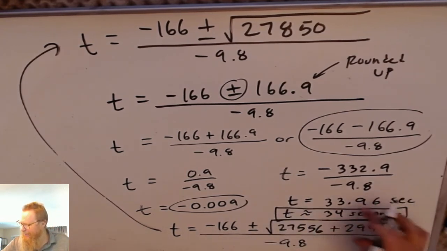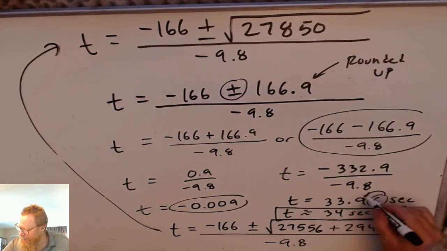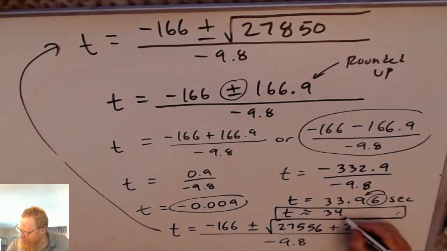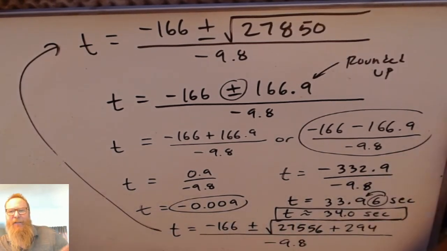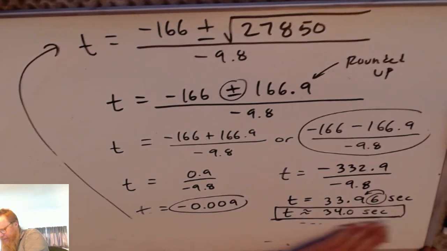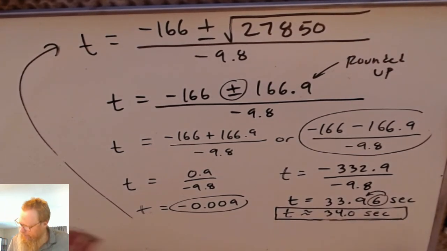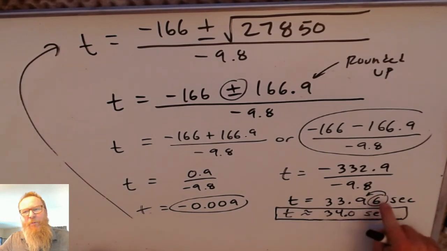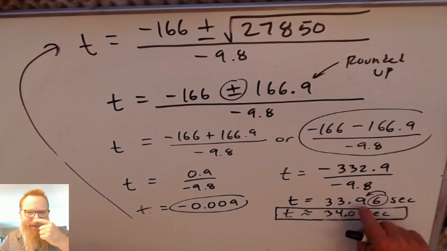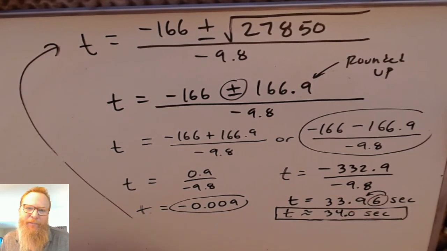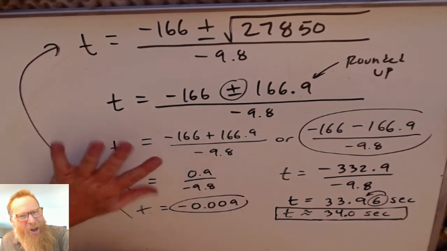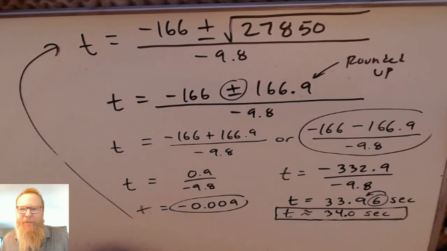Or you could round, yeah, so this 6 rounds the 9 to a 0, so it's 34.0 seconds. I typically like to round to the nearest tenth of a second. Whenever the number next to the tenths is bigger than 5, and the tenths value is a 9, then it rounds to a 10, which rounds the 3 to a 4, and then it's 34.0. Again, that's the kind of thing where there's a tolerance. If you're off by a little bit, it'll still mark it right.